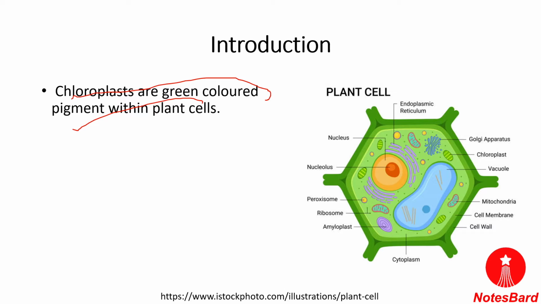Chloroplast is an organelle of a photosynthetic eukaryotic cell. It is a type of plastid, and other types are chromoplast and leucoplast.